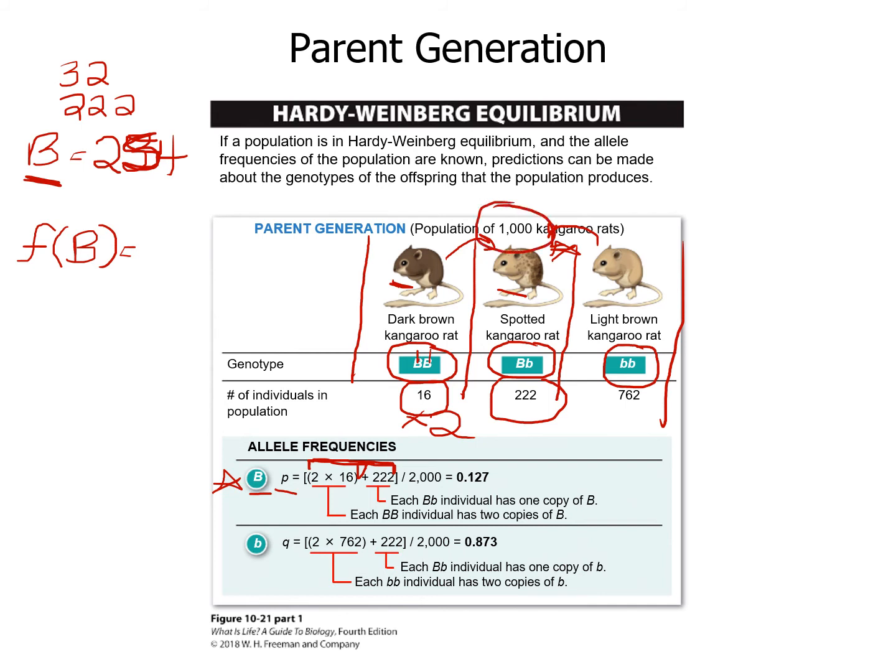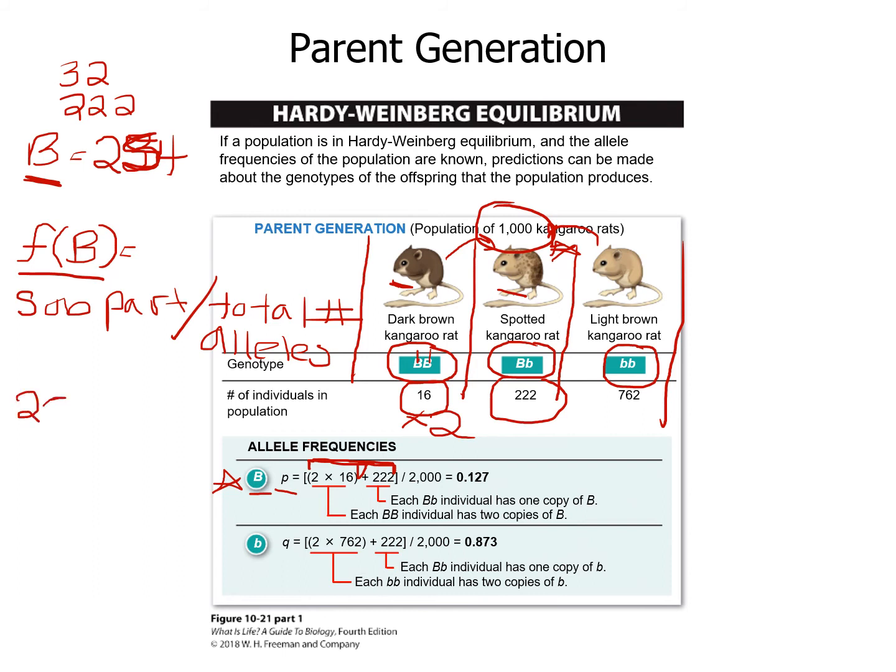So what we are going to do is, to get this frequency here that we've written out, we want to take the sub part and divide it by the total number of alleles. So we have our subpart, which is 254.